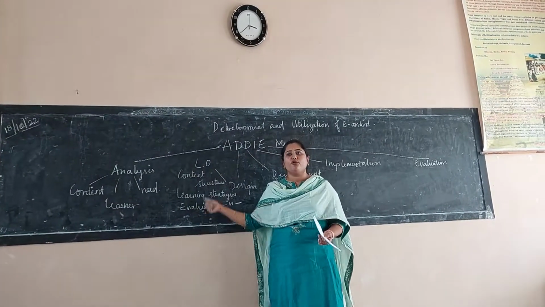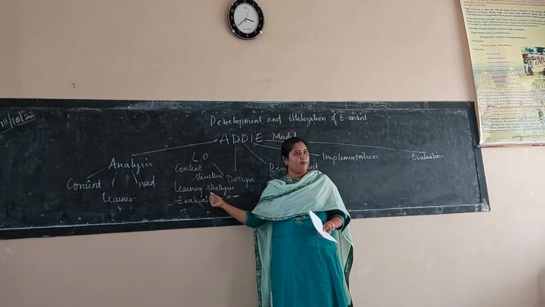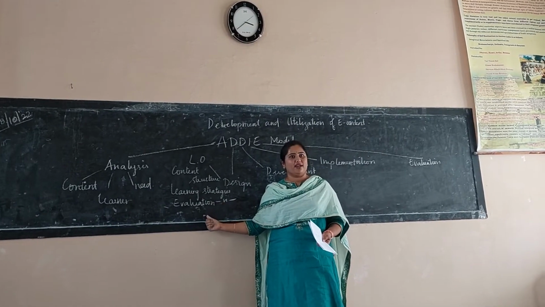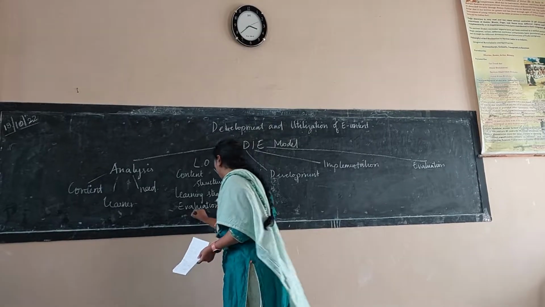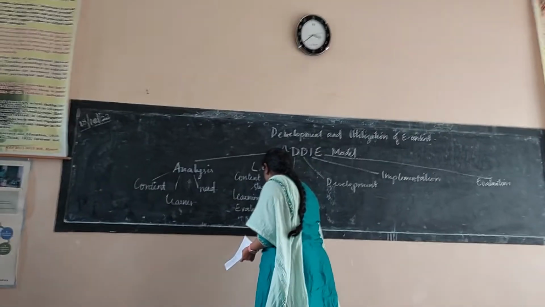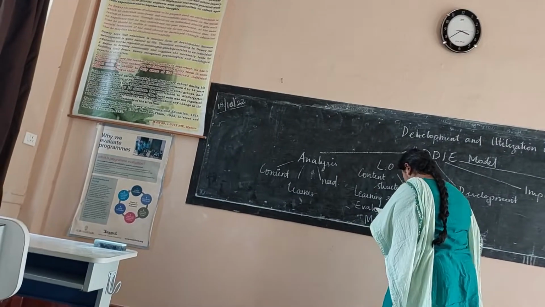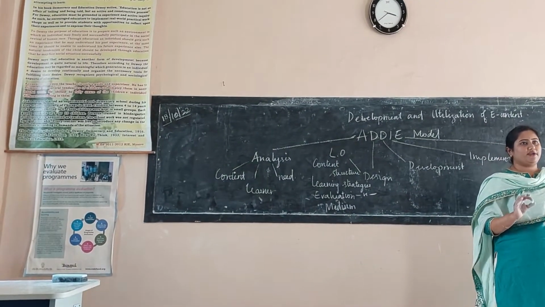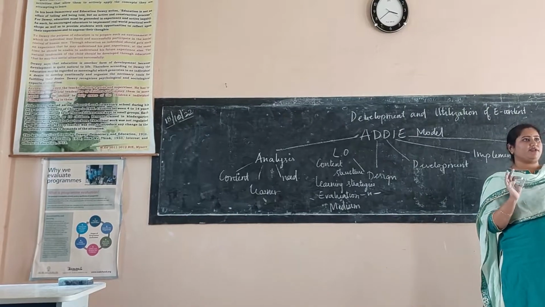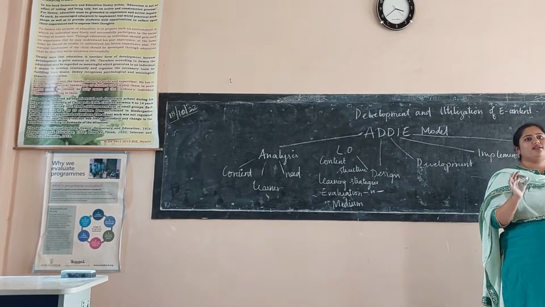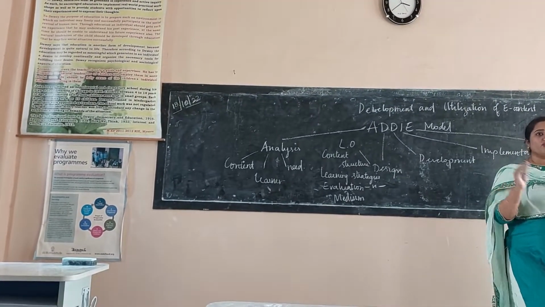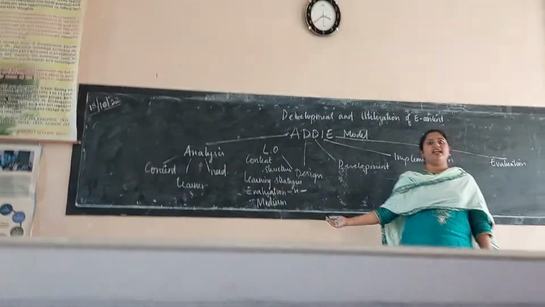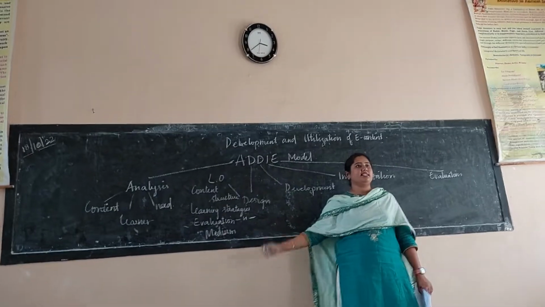Because unless you know what the content is and how you want to present it, you will not be able to arrive at a decision of what form of e-content you want to use. So your mode or your medium you have to decide. Simulation is wide-ranging.